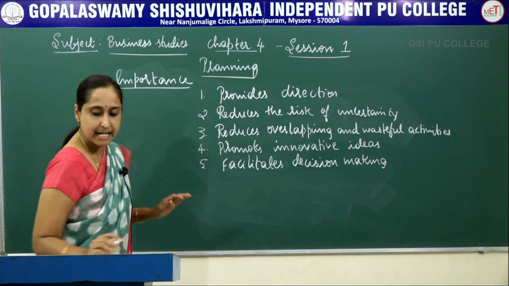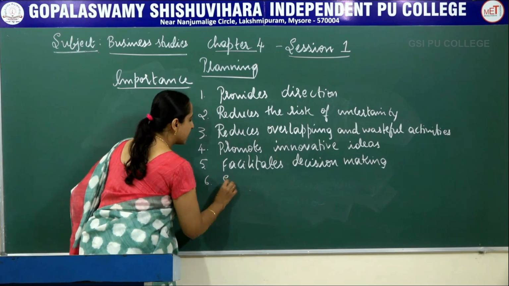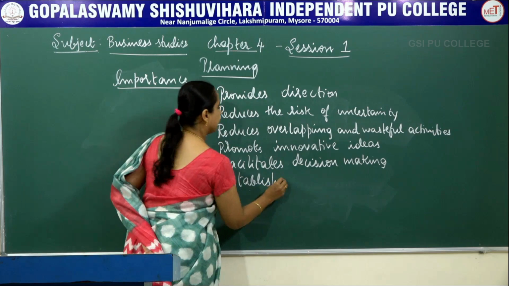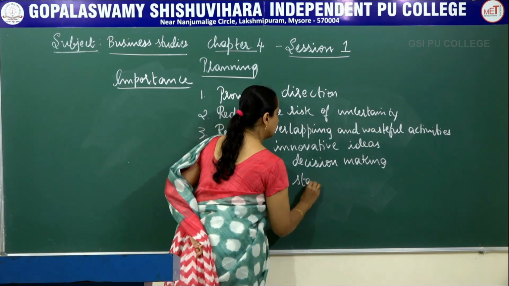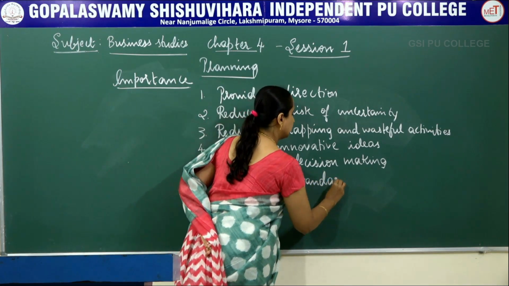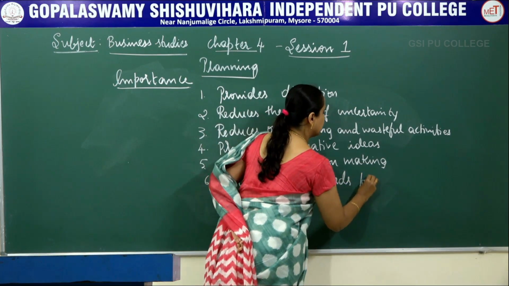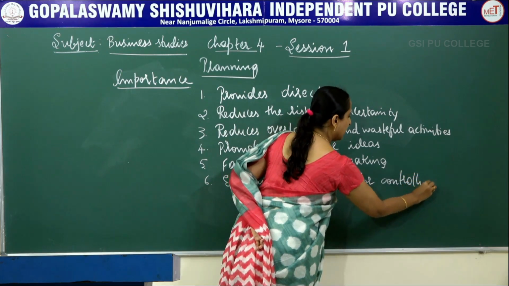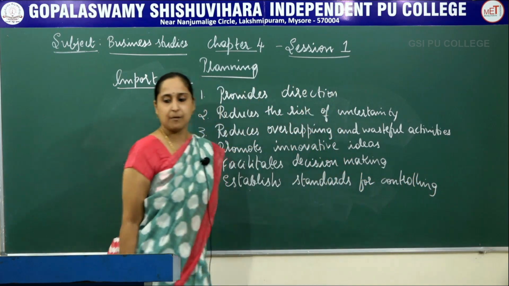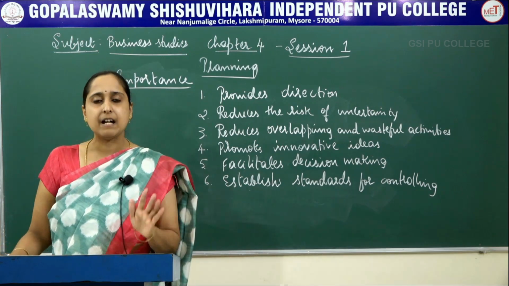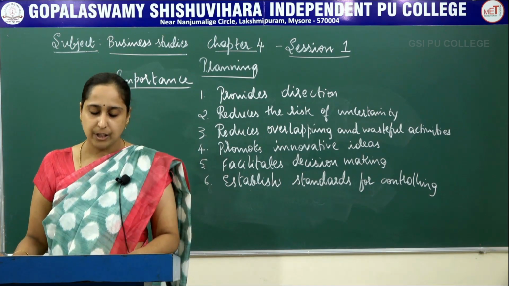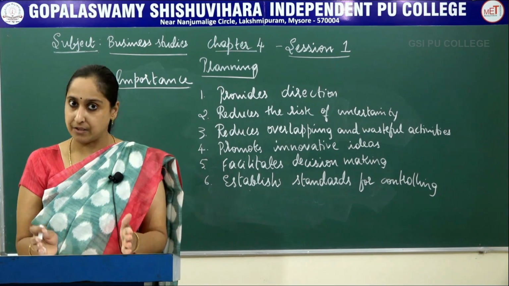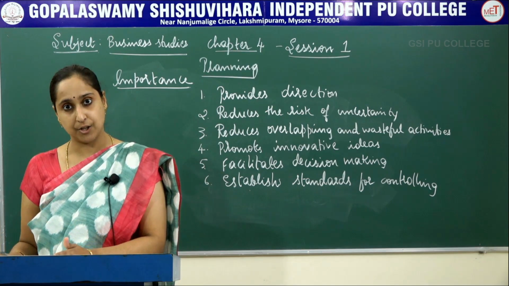Next is planning establishes standards for controlling. Planning facilitates control. You know what control is? Planning is the first function, controlling is the last function.